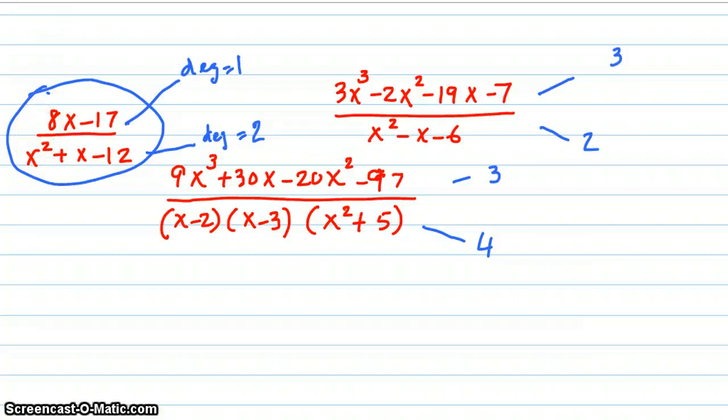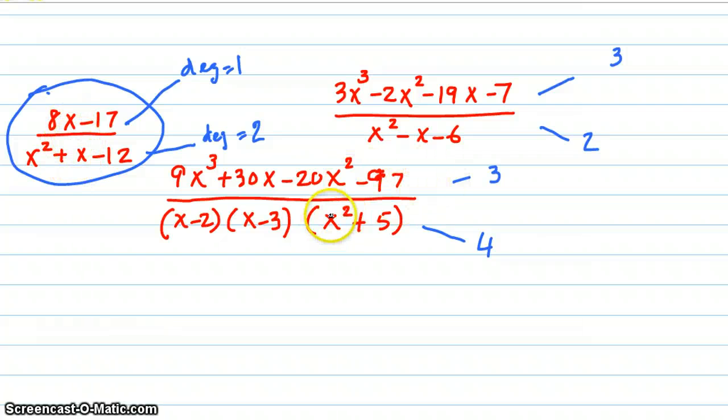If the degree of the top polynomial is higher than or equal to the degree of the bottom polynomial, then we have to perform the long division even before we proceed with decomposition into partial fractions. In this rational function, the degree of the bottom polynomial is higher, so no long division is required.